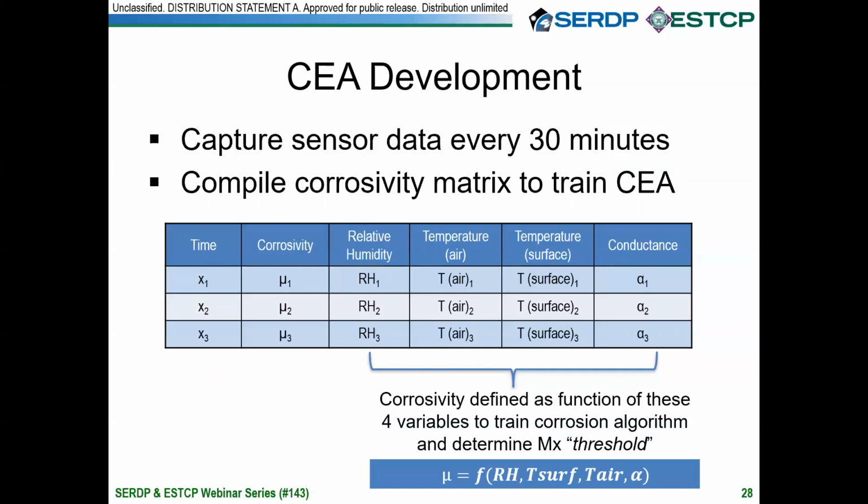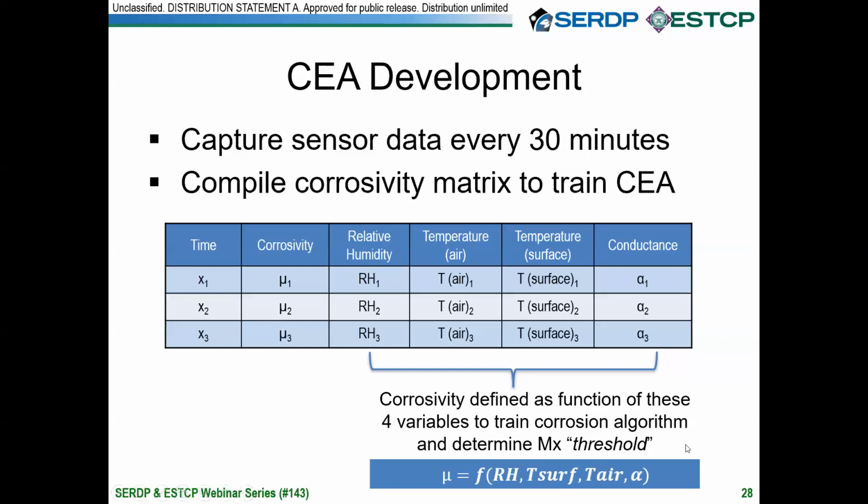So here's a little bit about the exposure algorithm. Like I said, sensor data is captured every 30 minutes. And this is basically being thrown into a table to compile the corrosivity matrix to train the CEA. So there's the time, just the timestamp for the data that was taken. The corrosivity, that mu there, is actually a calculated value based on the next variables: humidity, temperature, surface temperature, and conductance.